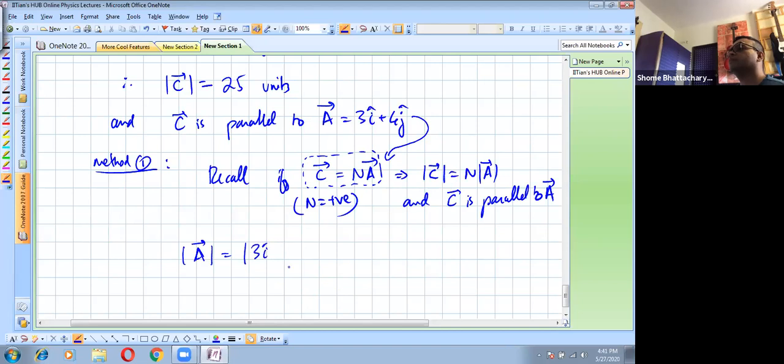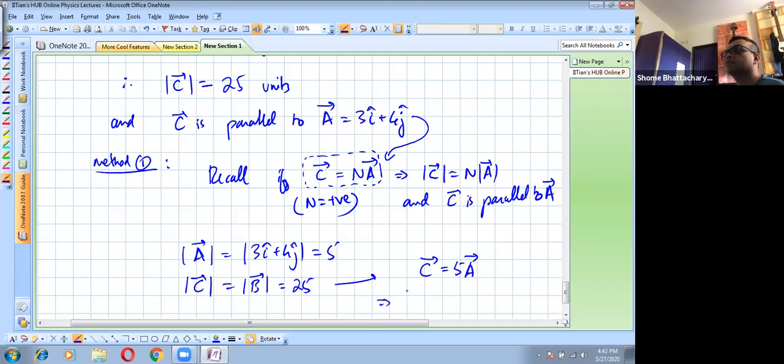It is a very familiar vector, which is 5. And mod C we just saw was equal to mod B, which is 25. So that means you can see that C should be equal to 5 times A. That's it. A vector which is parallel to A but 5 times its magnitude, it has to be this.